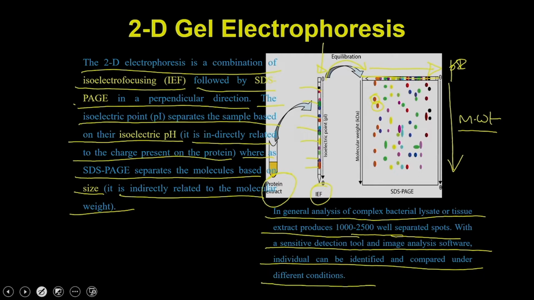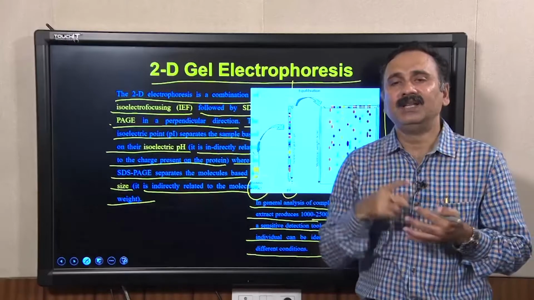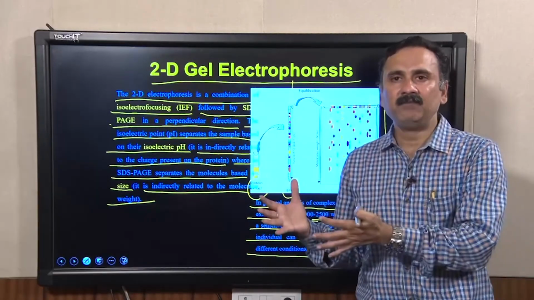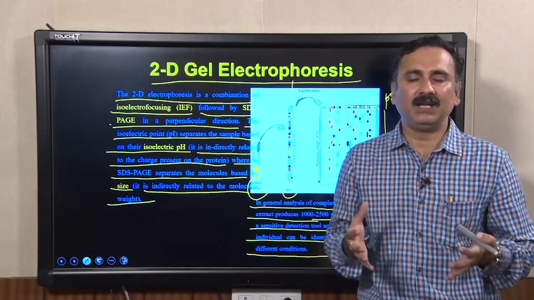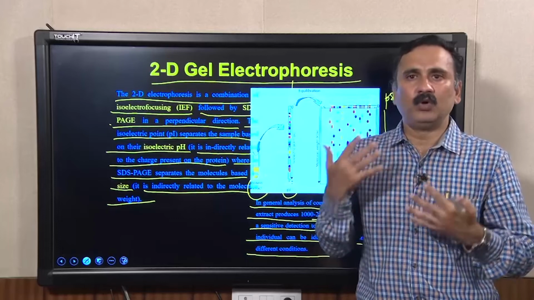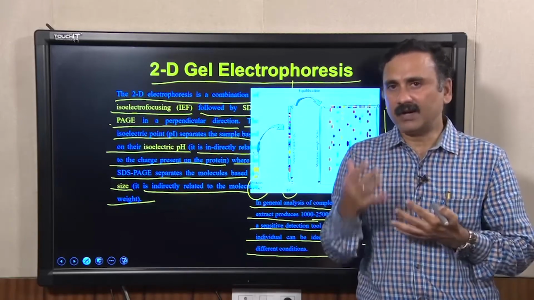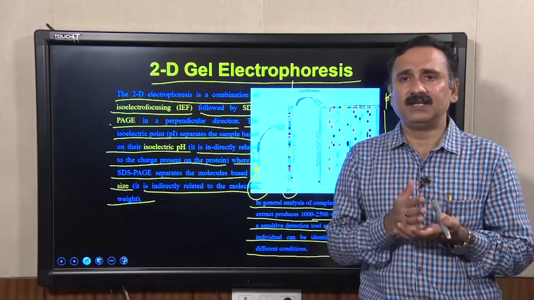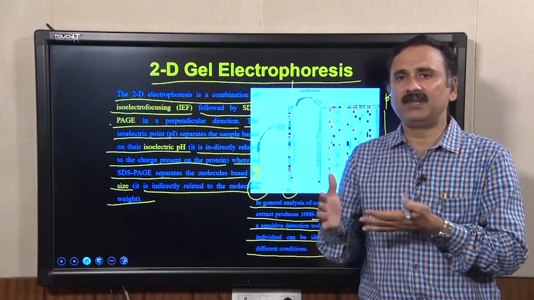So, 2D gel electrophoresis is very popular for looking at changes in the pattern of proteins when you are treating a particular organism or bacteria with something which is actually changing the proteome of that particular organism.